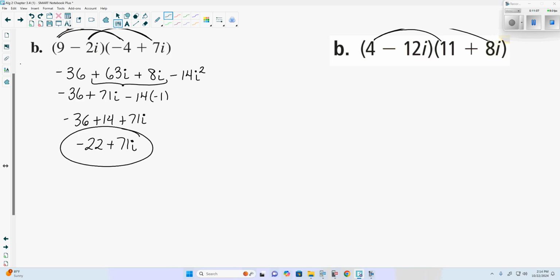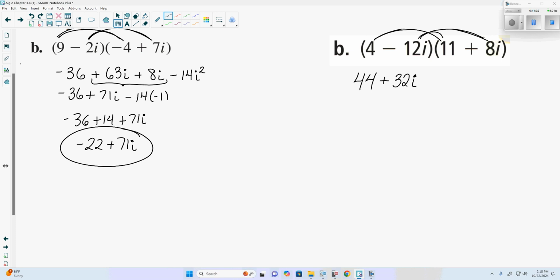First thing we need to do is distribute the 4. 4 times 11 is 44. 4 times 8i is going to be plus 32i. That gives us our first part there. Next part is going to be distribute the negative 12i.